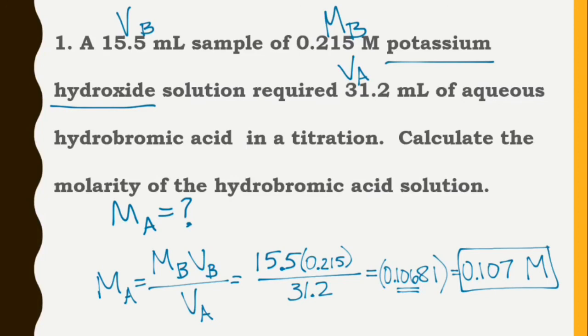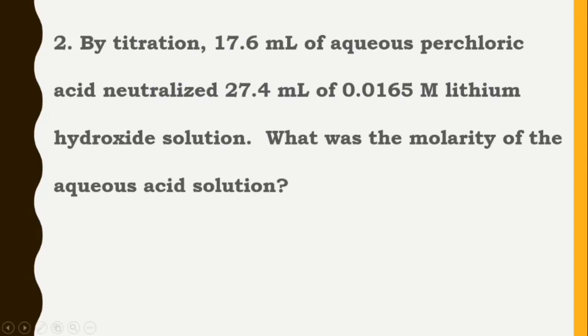In our next problem, got a little bit more writing, not much. As we're reading through, it says by titration, I have this volume of an acid that neutralized this volume, I assume, of my base, lithium hydroxide. And it gives me the molarity of my base again, too. So it's asking me to find the molarity of my acid.